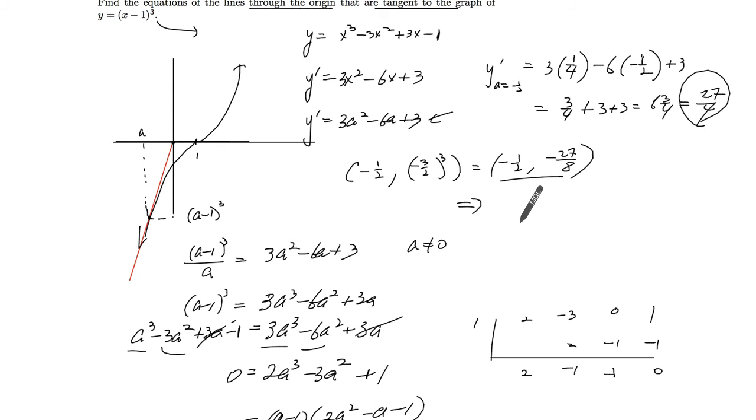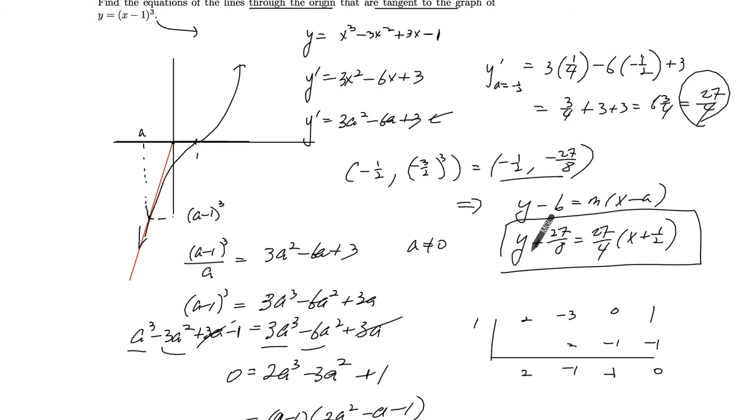Slope, point, I'm going to use point slope form. So it's y plus 27 over 8 equals m, which is 27 over 4, times x minus negative half, so plus half. If you want, you can isolate y to get y equals mx plus b form.